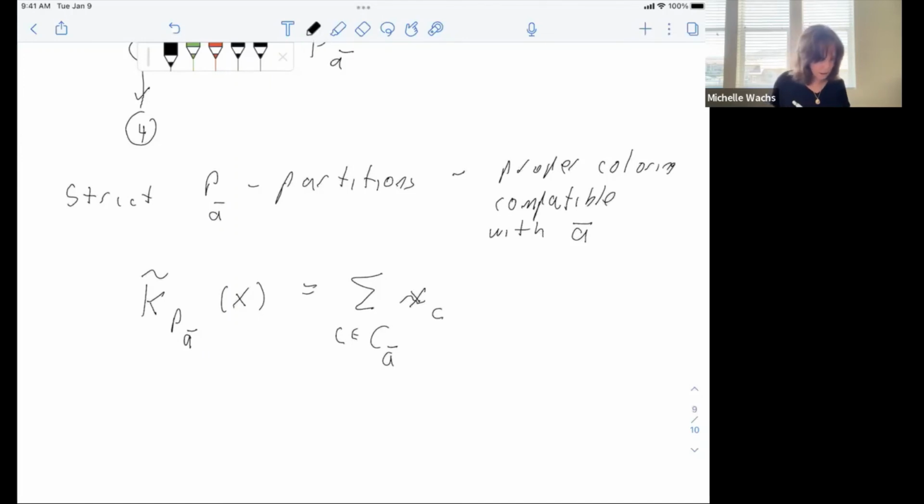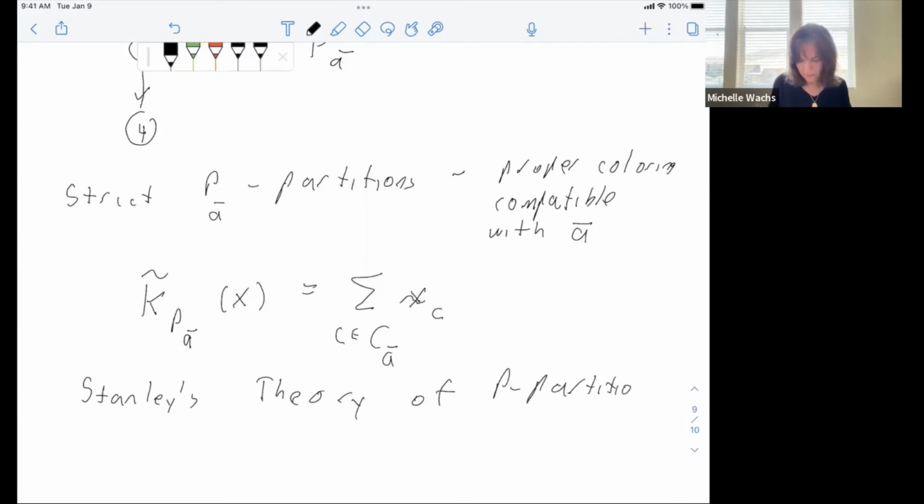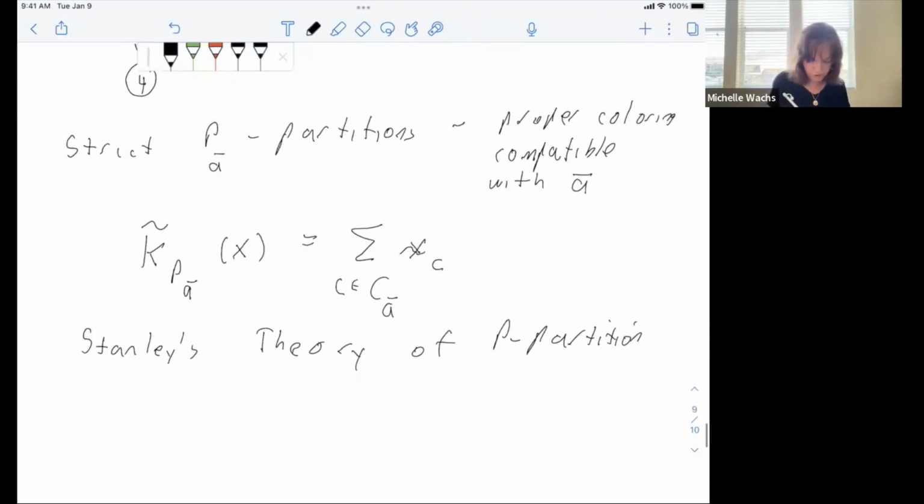So by Stanley's theory of P-partitions, I talked about P-partition reciprocity in the first lecture, but now we're going to use a different result.